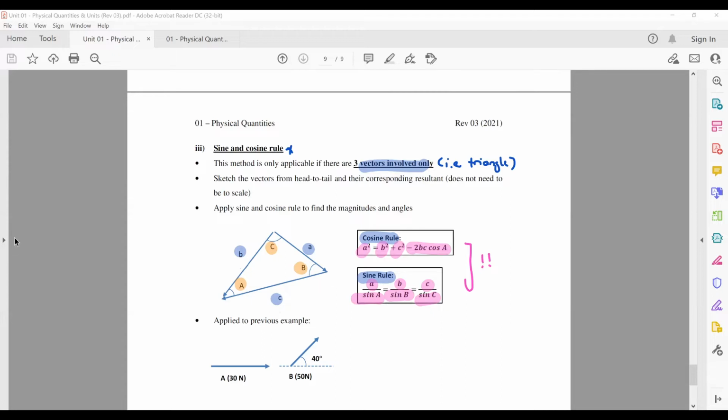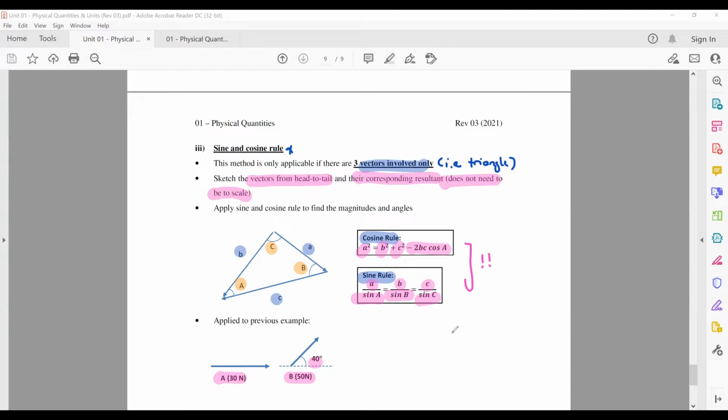So when you want to use sine and cosine rule to find your resultant, if you are applying it to the example before this, where you had the force of 13 Newton horizontally, force of 15 Newton, and the angle of 40 degrees to the horizontal, what you first do is sketch the vectors from head to tail along with the corresponding resultant, but you don't need to draw it to scale. So you try to visualize how your diagram will look.